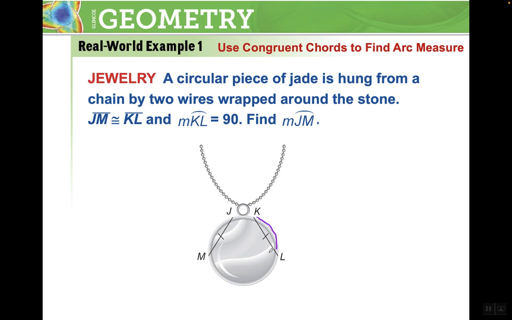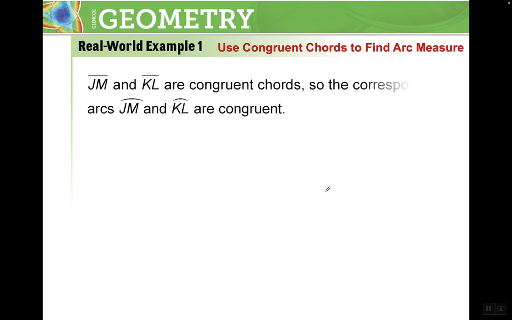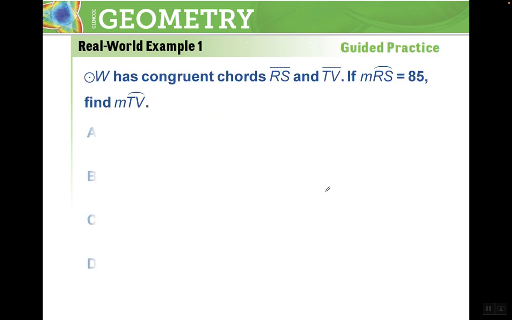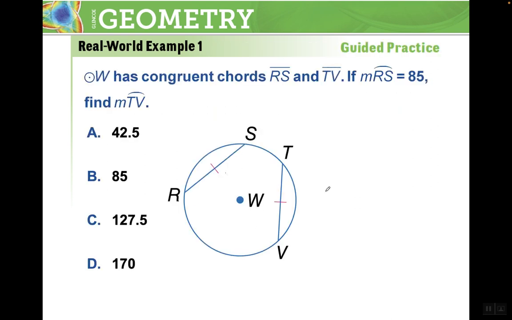Well, if KL is 90, then JM is also 90. All right, so you can do this one. The chords are equal measures, so arc RS is 85, so therefore arc TV is also 85.